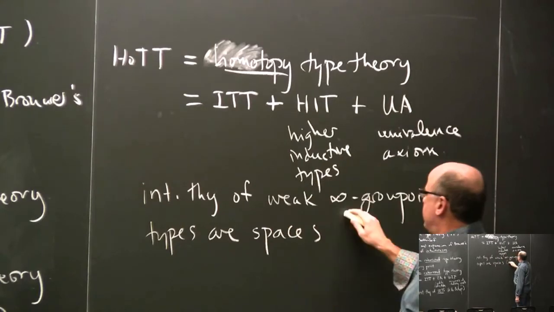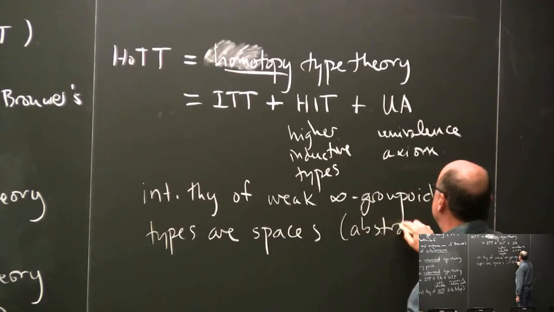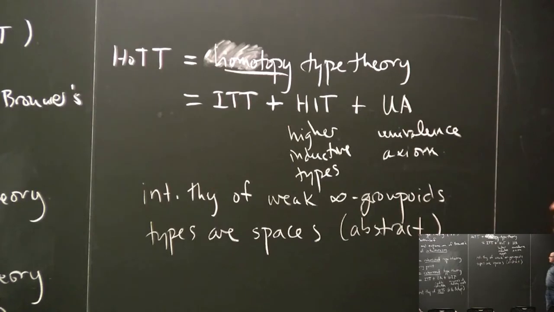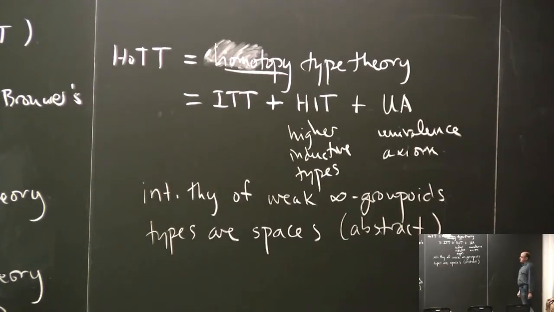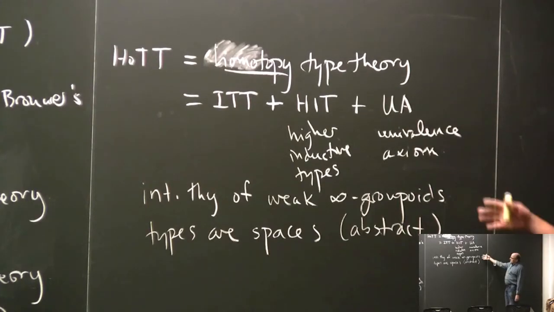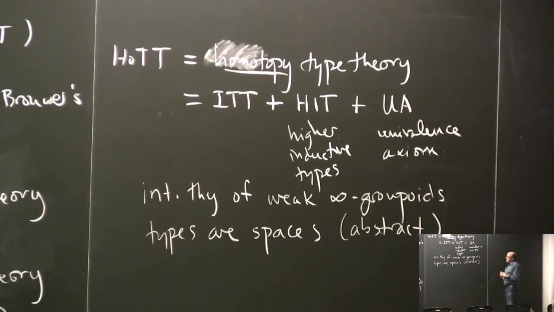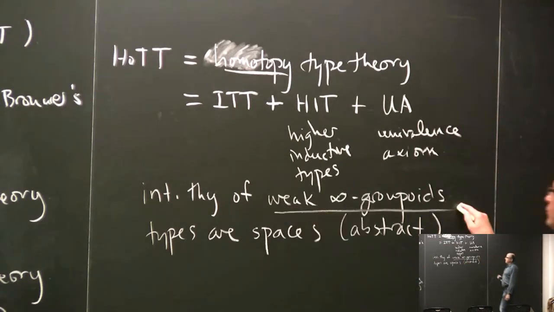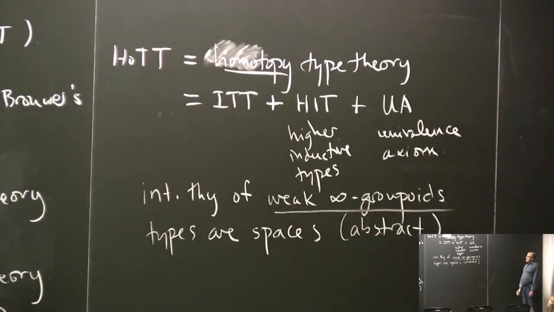They're not necessarily topological spaces, but they have some characteristics that are like topological spaces, and they exhibit a particular structure, and the structure that has been isolated as relevant to understanding what's going on here is the structure of a weak infinity groupoid. Okay, and what this is all about I can better motivate once I give you a little more background, because that's what I want to do.